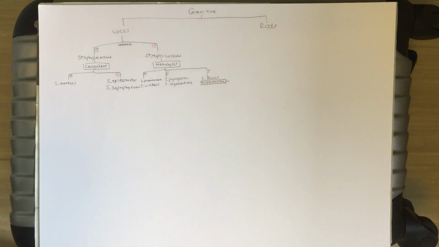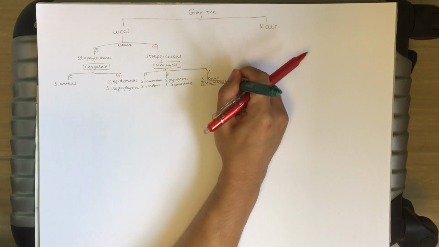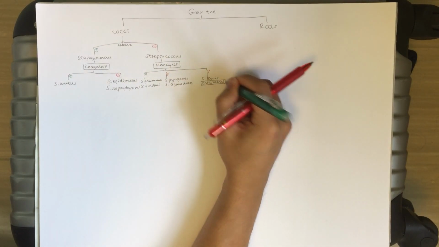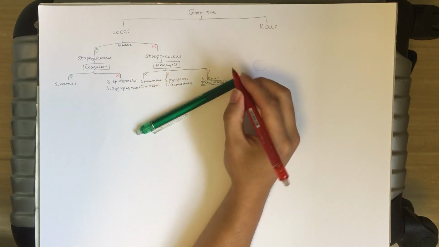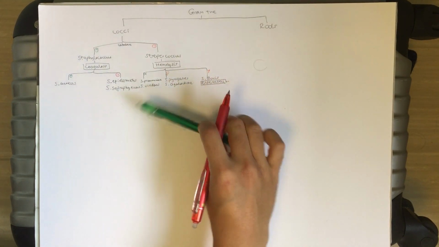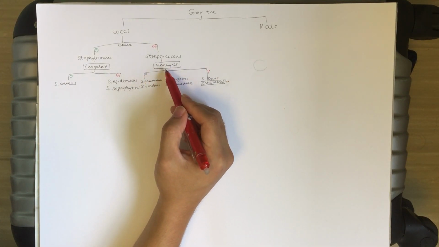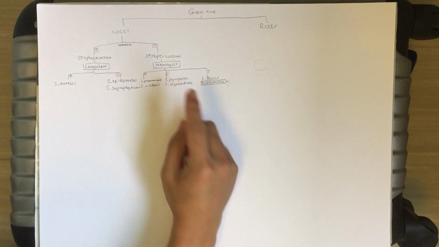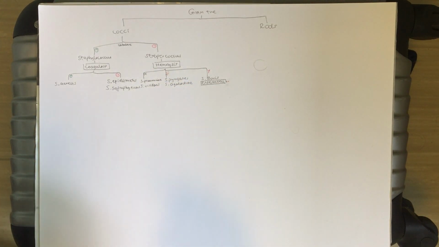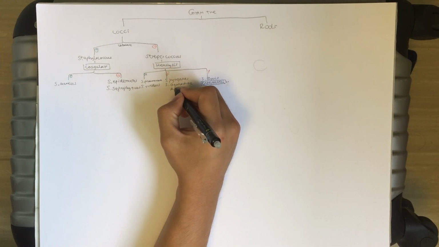And the reason why I put it here is because even though you can categorize them as hemolysis, you can also categorize them as groups. So for instance, strep pyogenes is group A. So I'm just going to write A, B here.